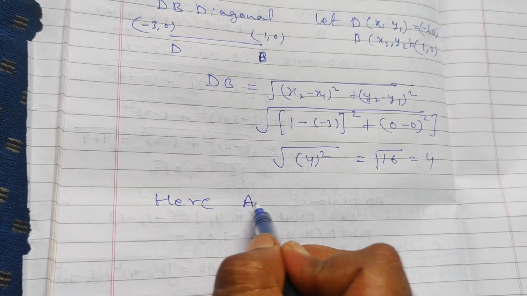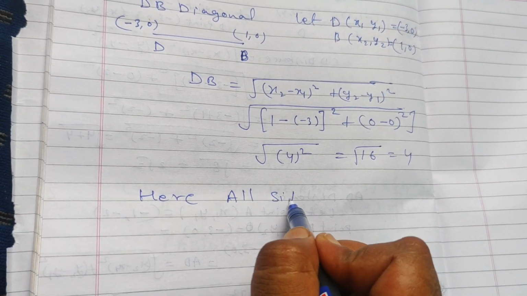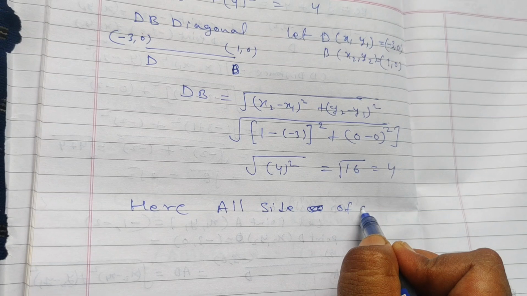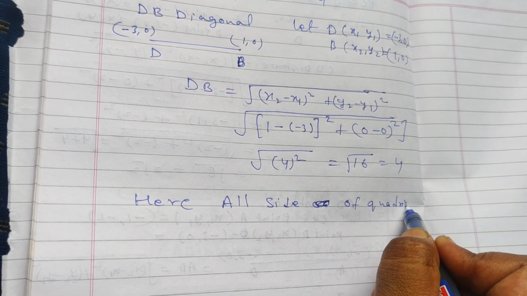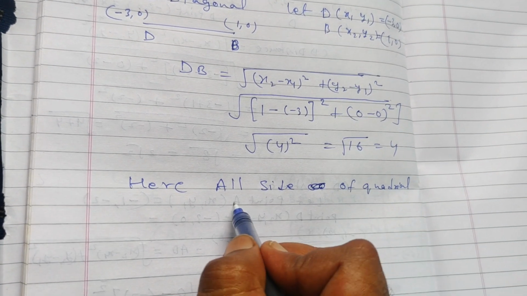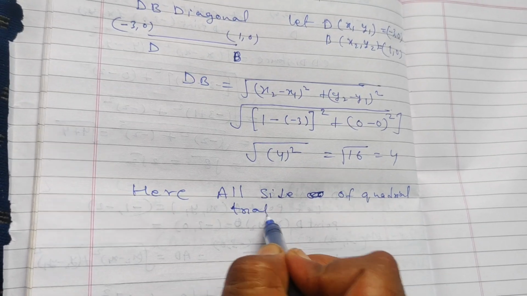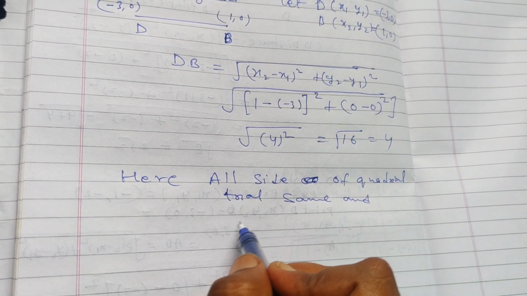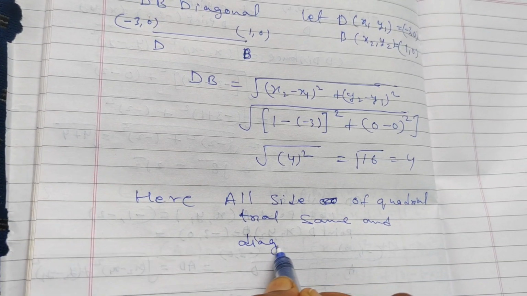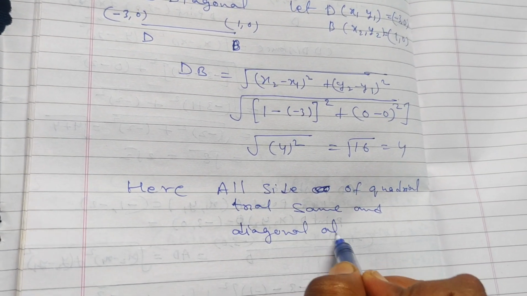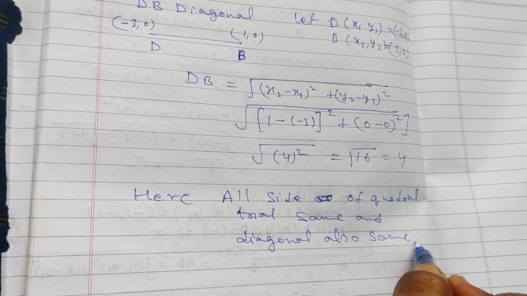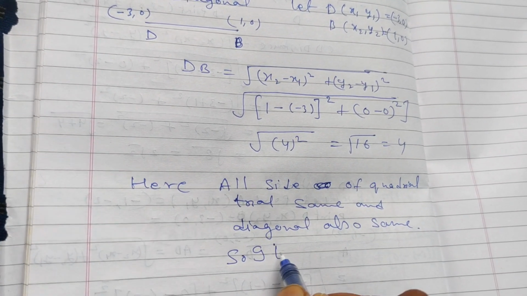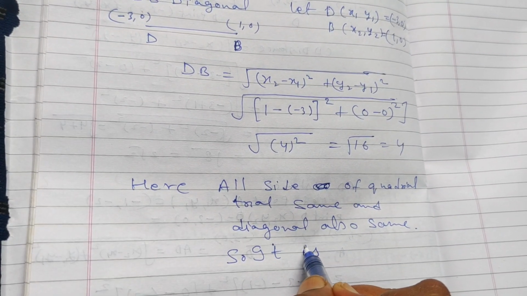Here all sides of the quadrilateral are the same and the diagonals are also the same, so it is a square.